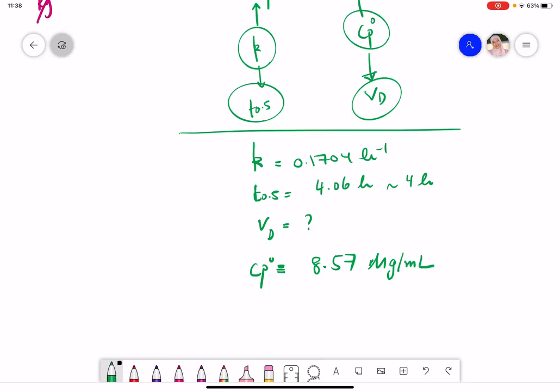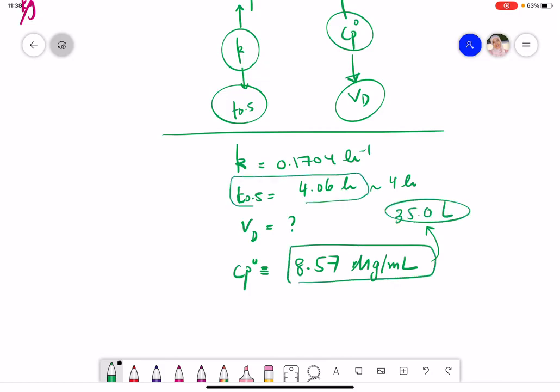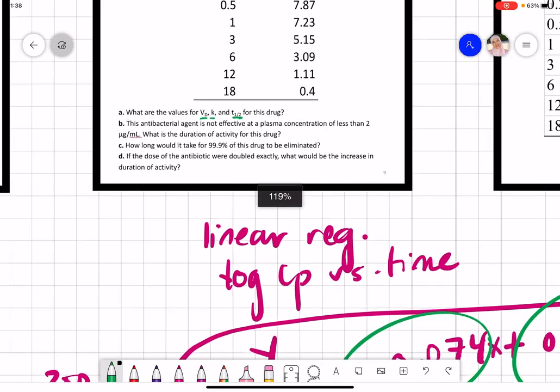And then accordingly, we can determine VD, which is equal to 35.01 liter, okay? So those are the required parameters of the first part of the question, which is A here.